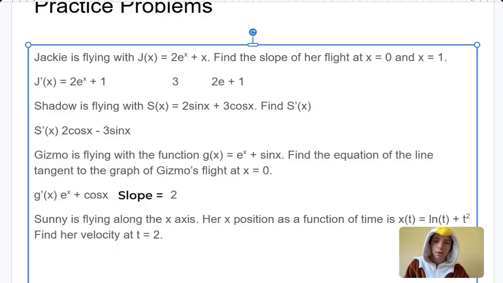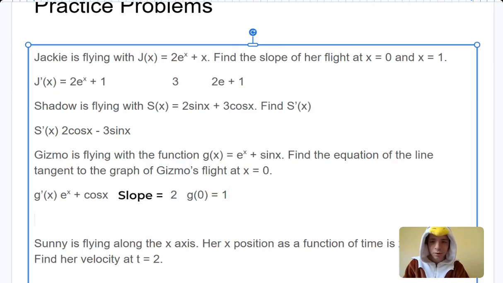G of 0 is e to the 0 plus sine of 0. Sine of 0 is 0. So g of 0 equals 1. So that gives us the equation y equals 2x plus 1.